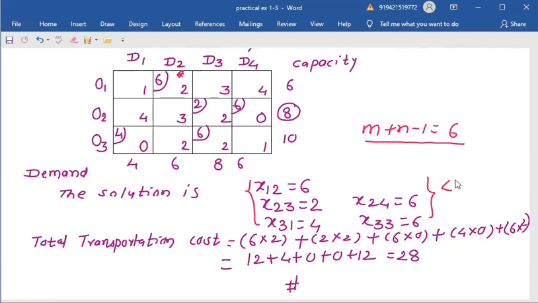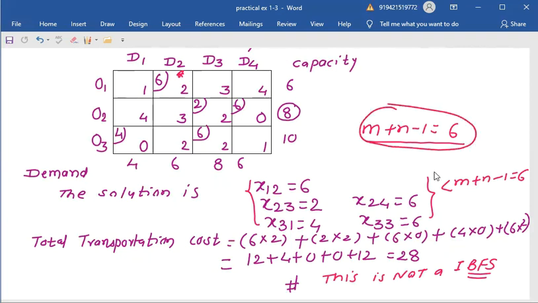We are getting less than m plus n minus 1, that is, less than 6, which means we are getting 5 positive allocations. So this is not a basic feasible solution, because in a basic feasible solution we require exactly m plus n minus 1 positive allocations. That is, we require 6 positive allocations, but here we are getting 5.